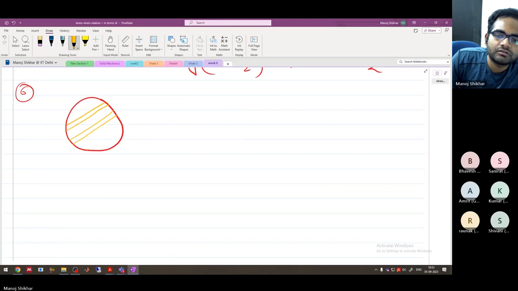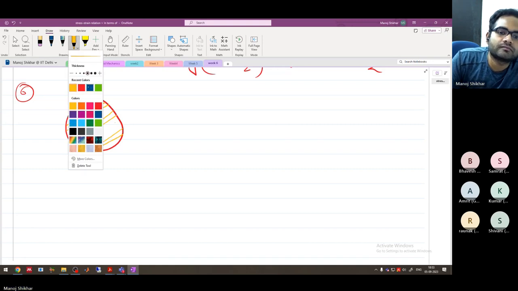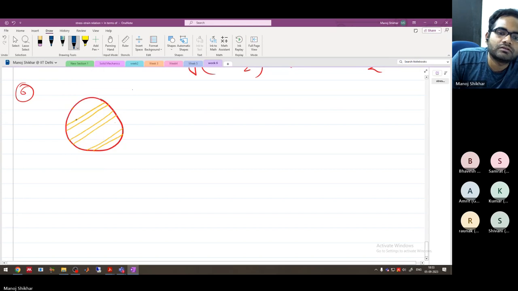And how are we engraving those fibers? They are perpendicular to each other. The red part was a solid part, so it was an isotropic material.